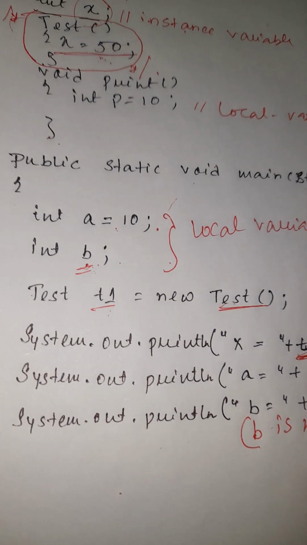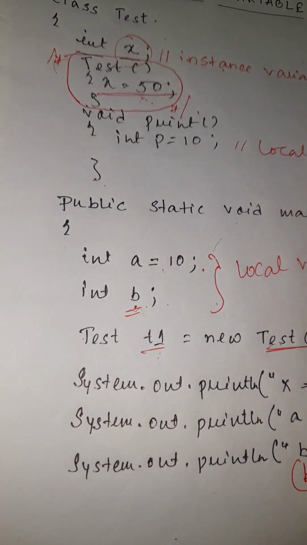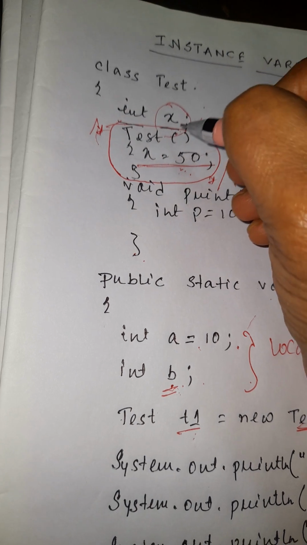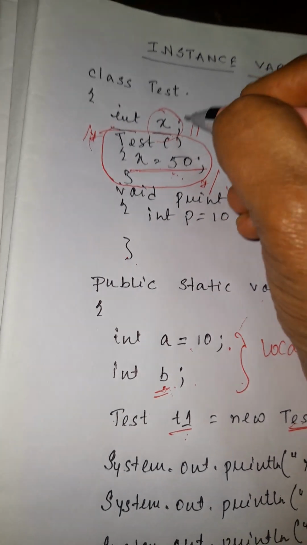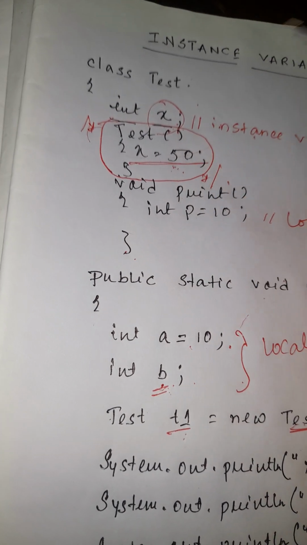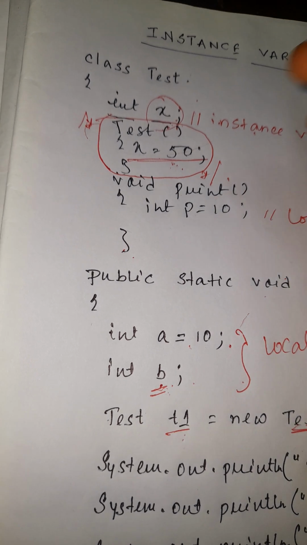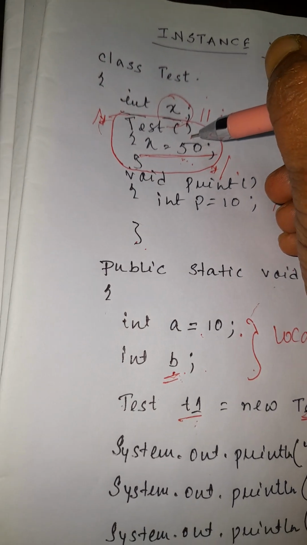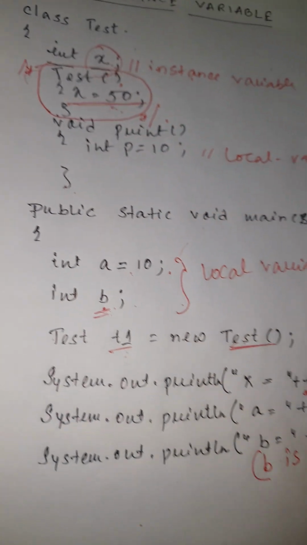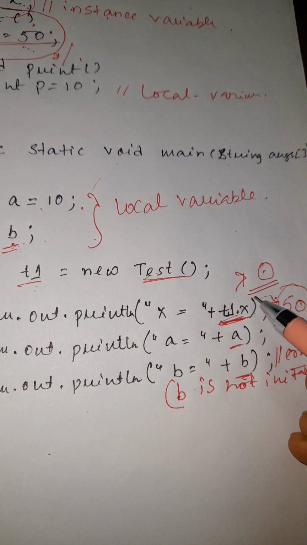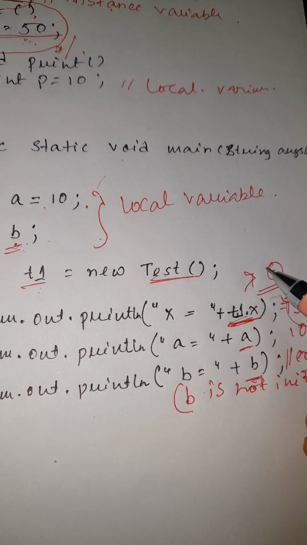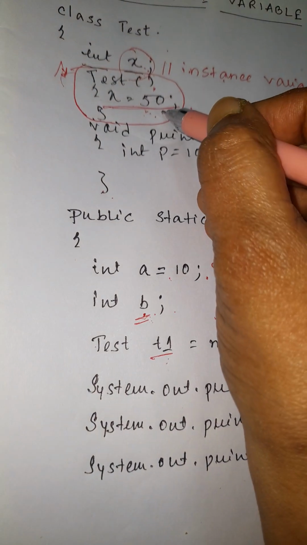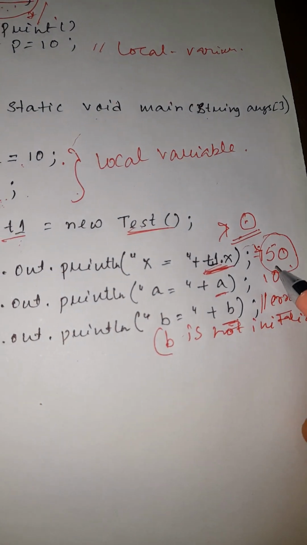Clear? So what is the instance variable and what is the local variable? Within the class, when you declare the variables, they are instance variables. As per the primitive data type rule, if you do not initialize the instance variable, the default value of that respective data type will be printed, and if you initialize it, that value will be printed.